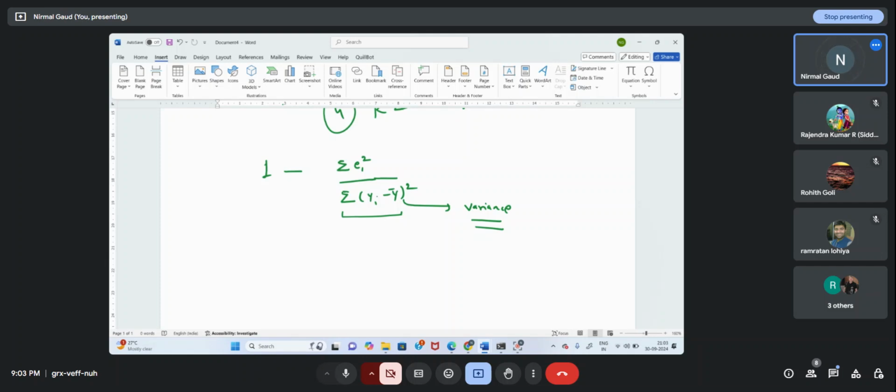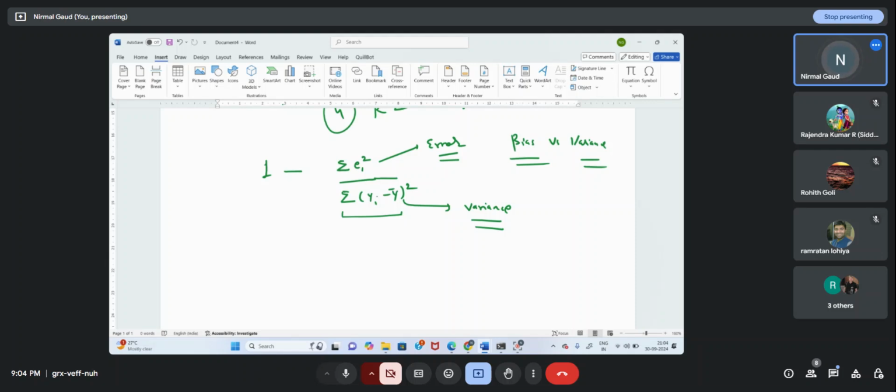Okay. So variance is okay, and this is the error, and there is a trade-off between bias and variance. That's also I explained. Bias versus variance, there is a trade-off between these two. If variance is more, bias is less.